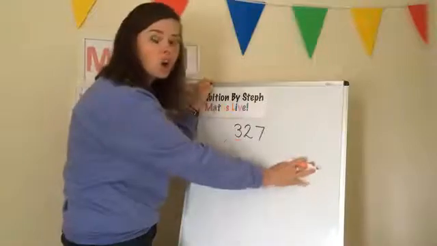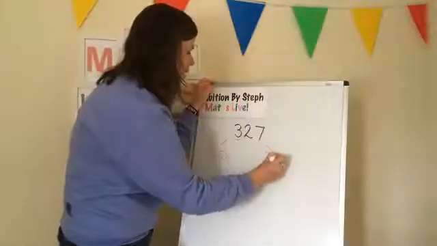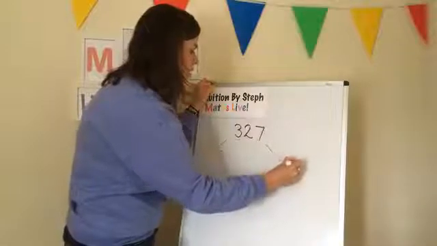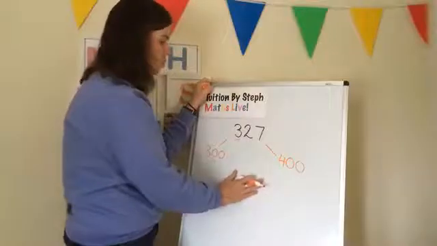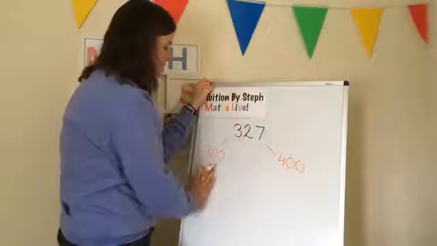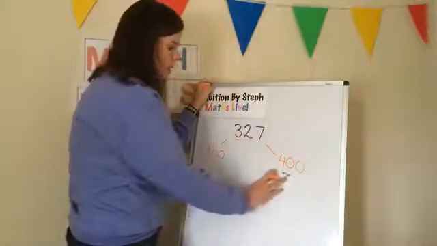And the next multiple of 100, the one that goes after that on the number line, would be 400. And 327 is in between 300 and 400. So we need to know whether we're rounding to 300, we're sticking, or we're going up.